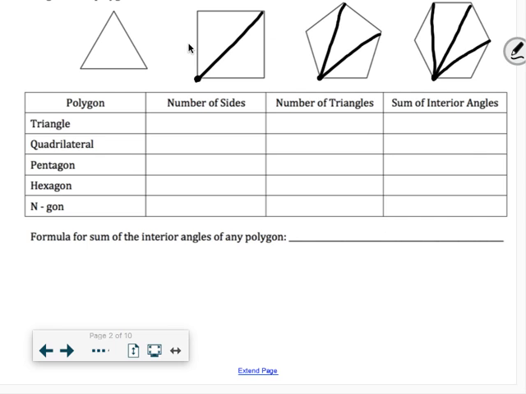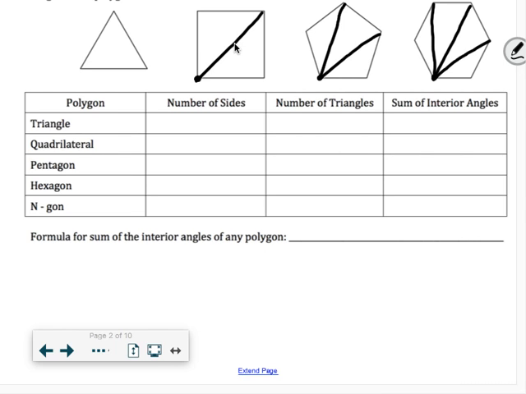So using the idea of the number of diagonals in a polygon, we created triangles. In the degree discovery, we saw that the pattern was increasing by 180.